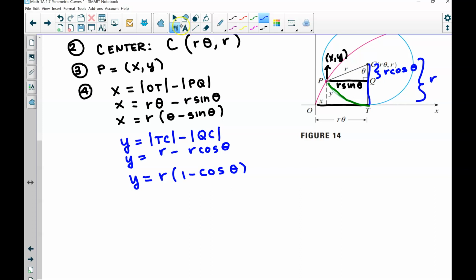So that basically proved a theorem, or not necessarily a theorem, it's the parametric equations of a cycloid.